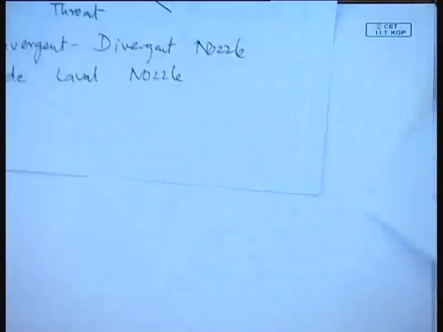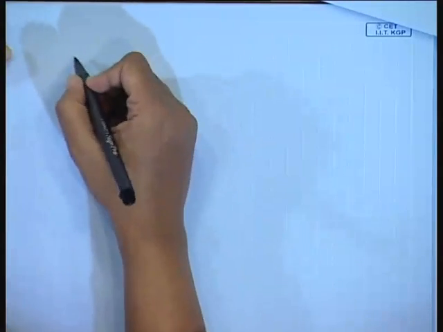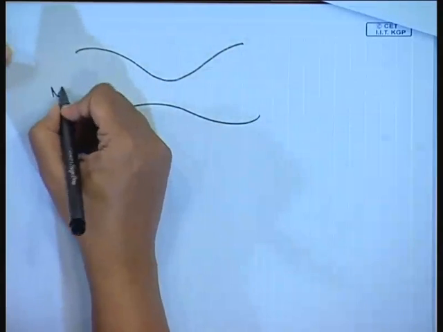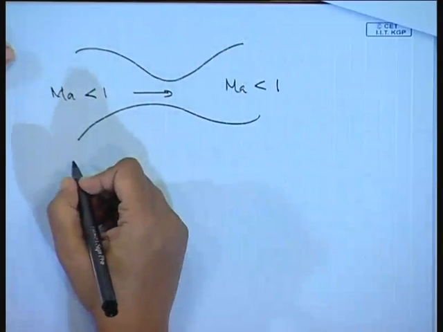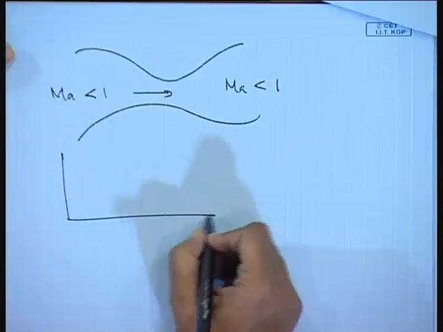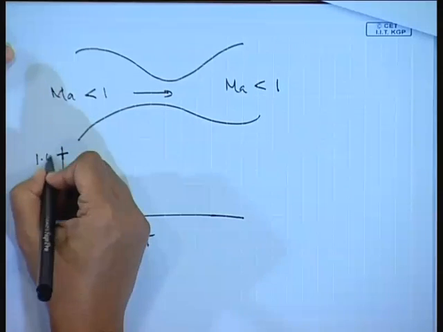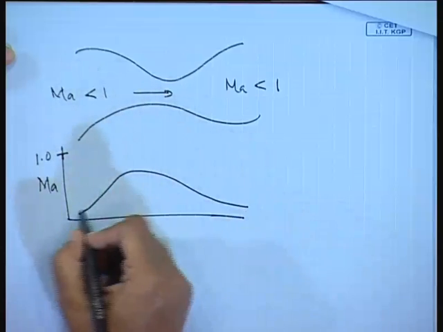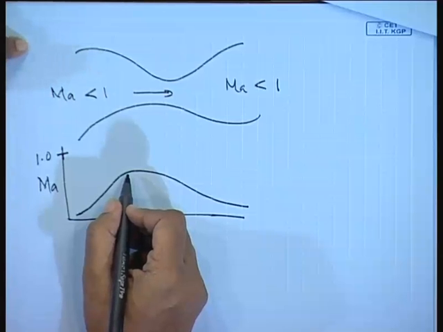But we can also have situations where the flow throughout is subsonic. Here Mach number is less than 1, in this case also Mach number is less than 1, or in other words, if we plot Mach number with distance, this is Mach number equal to 1. So, we can always have something of this sort. It starts in this way, it ends, but always it is subsonic throughout.